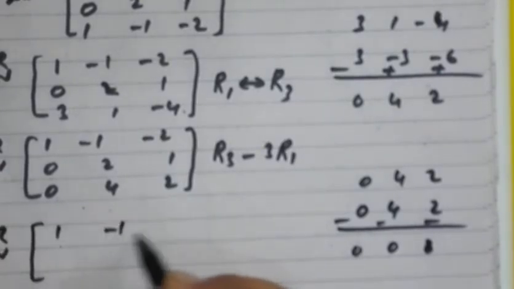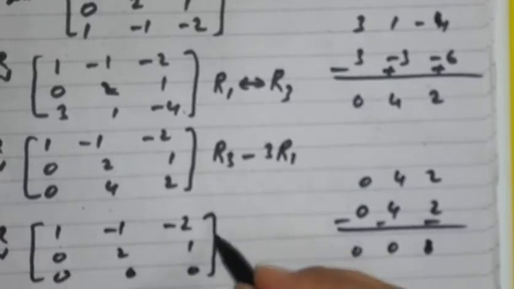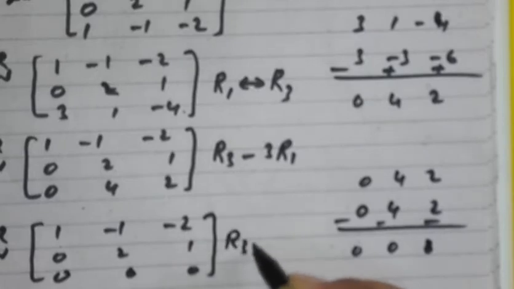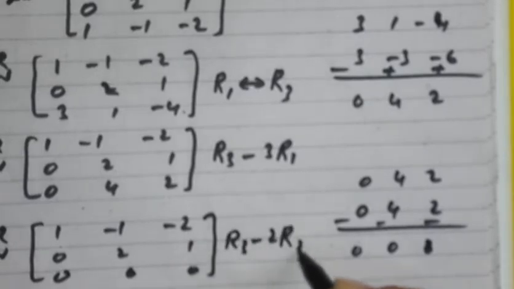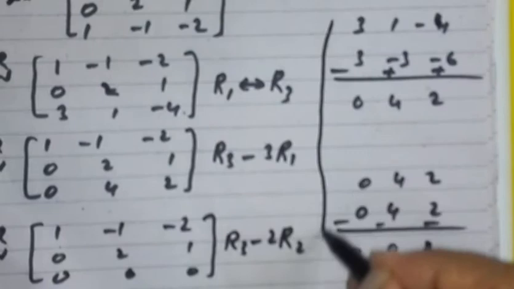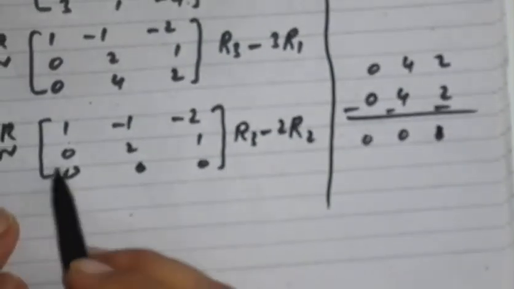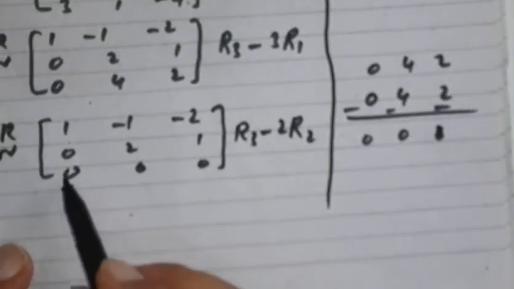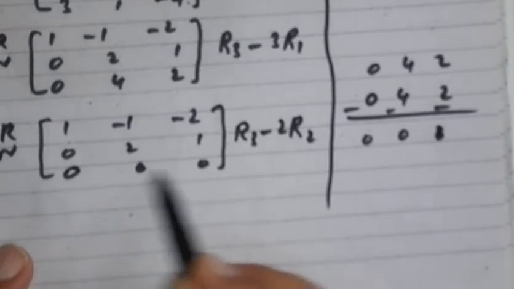Row operation. 1 minus 1 minus 2, here 0 2 1, and here 0 0 0. How? By row third minus 2 times row second. So it is in the echelon form, and look here, this row is 0 row.